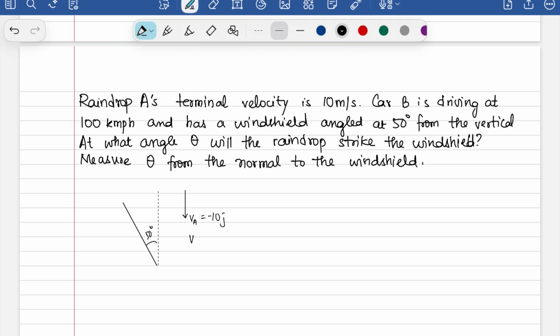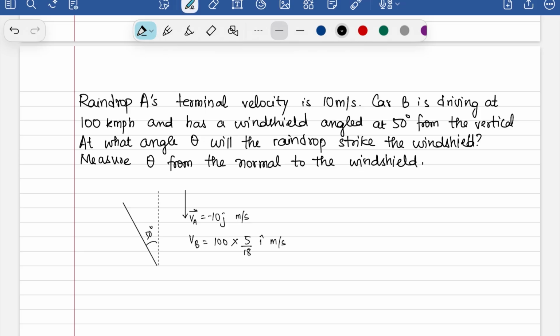And it's given that the velocity of the car is 100 kilometers per hour. So that would be 100 times 5 by 18 meters per second. I'm taking it as going rightward, so i hat meters per second. Why do I have to make the conversion? Because the velocity of the raindrop was given in meters per second, so I need to keep everything consistent.